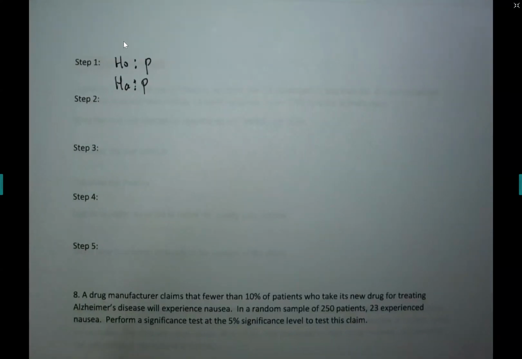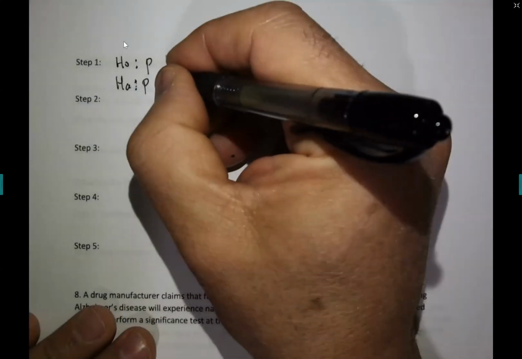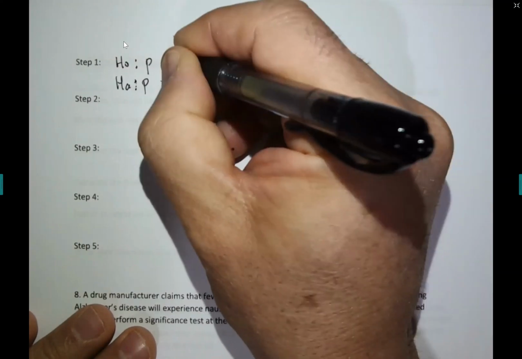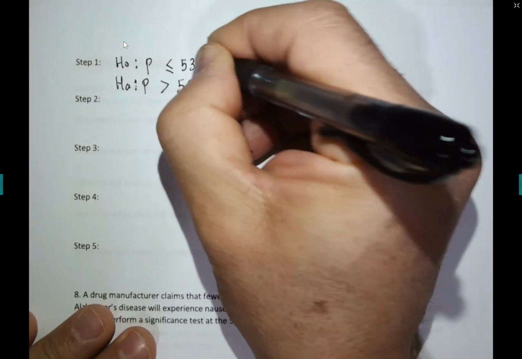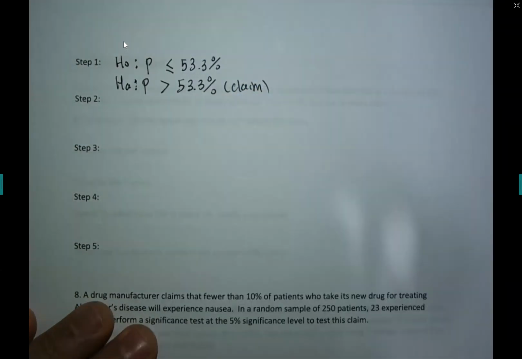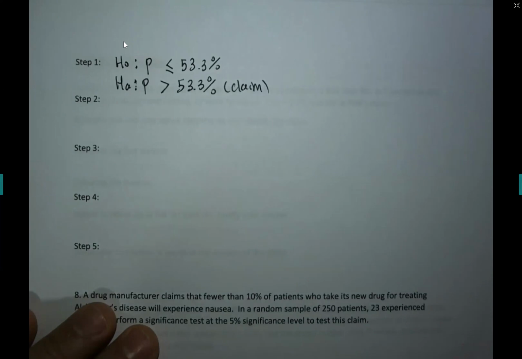Does a student know what would be the null and the alternative here? Do the results provide convincing evidence that Shaq has improved his free throw shooting? What does improved mean? Greater than 53.3. Very correct. 53.3%. That's the claim. If you improve, guys, your percentage has to go up. That's what it says here.